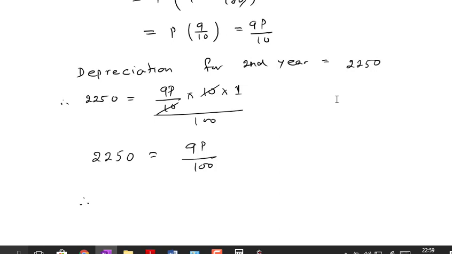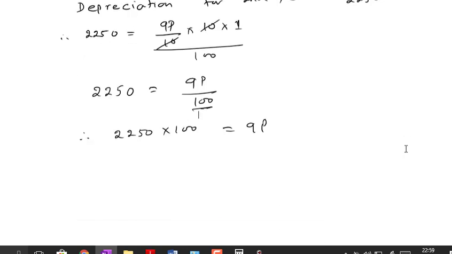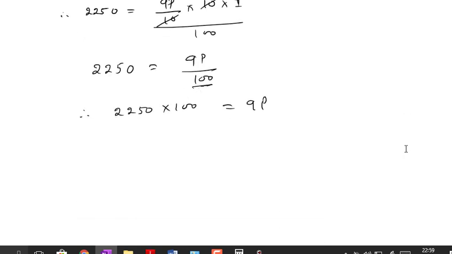Therefore 2250 into 100 is equal to 9P. Because this 100 is in the denominator, it will move to this side and multiply, and therefore I will get the value of P as 2250 multiplied by 100 divided by 9.